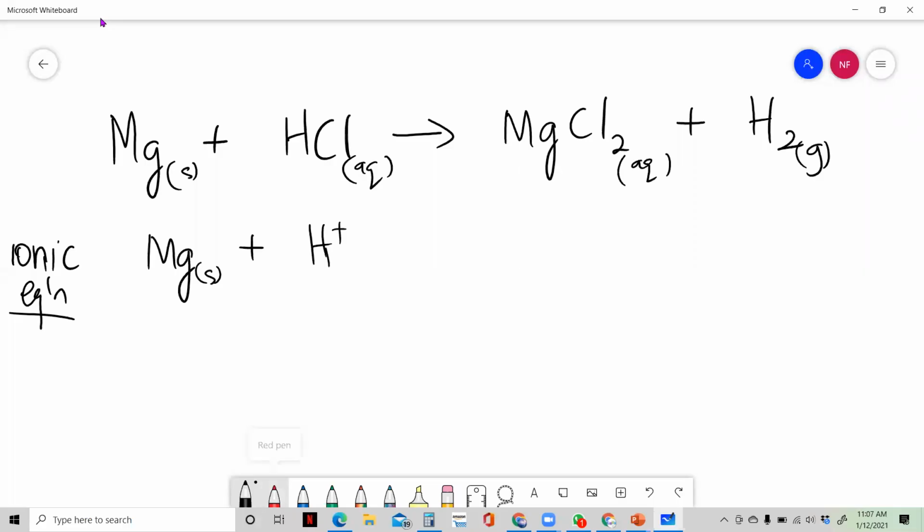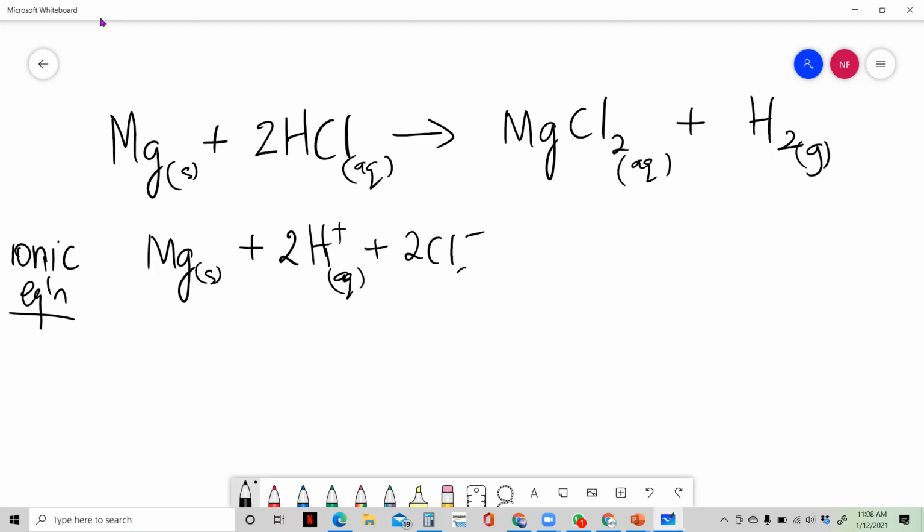I forgot to balance it. So can we balance this before we get to the ionic equation, please? Just put the 2 at HCl. Beautiful. So that's all we needed, 2 at HCl. This now makes me have 2 hydrogen ions plus 2 chloride ions.